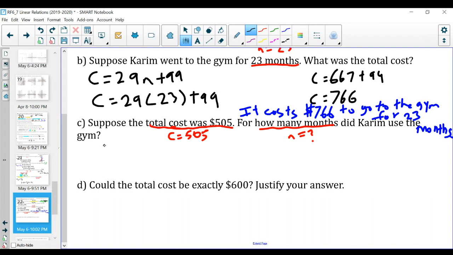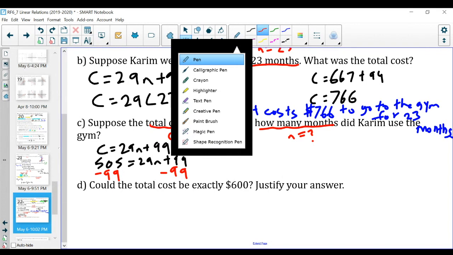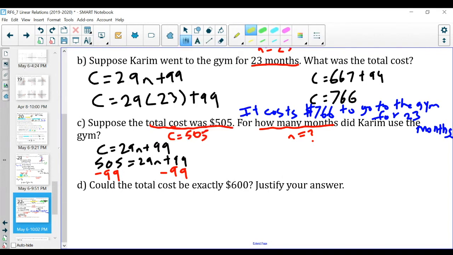Again, we start off with C is equal to 29N plus 99. You want to plug in everything that we know. So 505 is equal to 29N plus 99. I'm going to subtract 99 from both the left and the right side because my goal here is to get this 29N by itself, and then after that to get the N by itself.